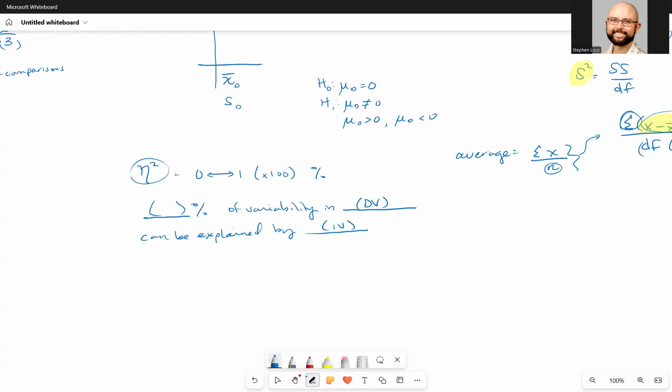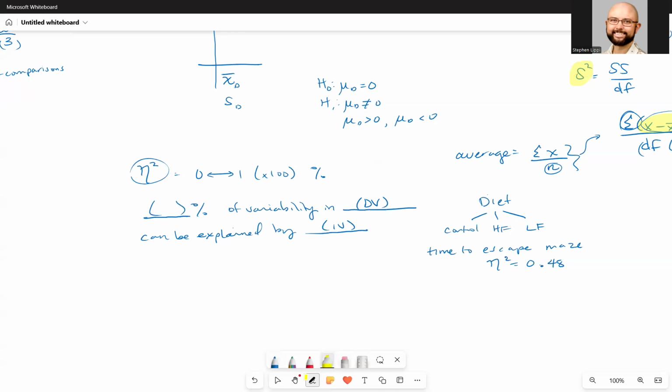So let's say that we are looking at type of diet, and we have 3 different types of diet: a control diet, a high-fat diet, and a low-fat diet. And we're measuring, let's say, time to escape a maze, where lower times mean that the animal is quicker. So let's say that the eta squared is 0.48.